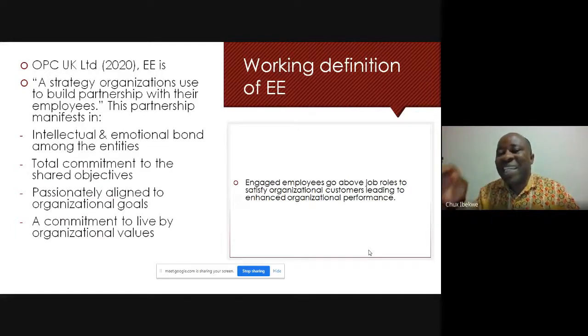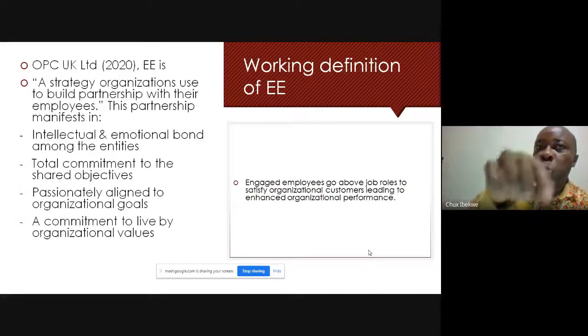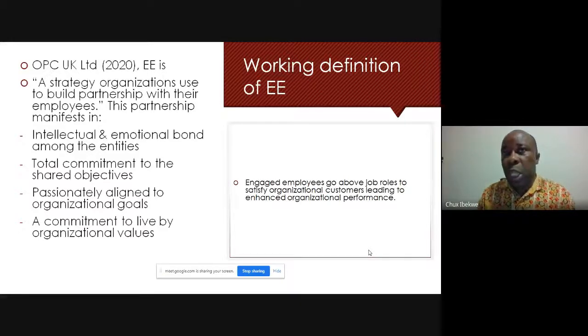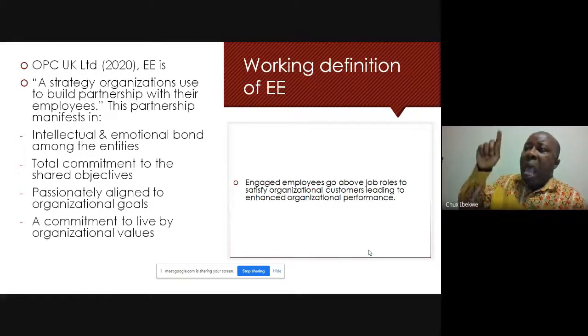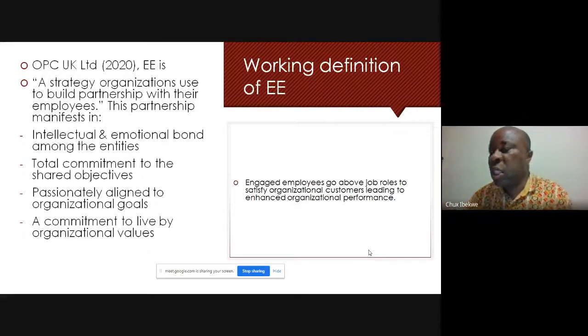Shared objective that attracted you in the first place to work in that organization. The objective that has kept you in that organization. The objective that has aroused your emotional bond with that organization. And then it also manifests in the total alignment of your goals and the organizational goals.